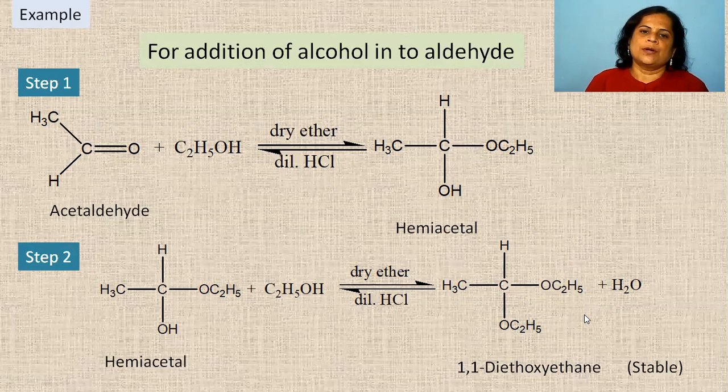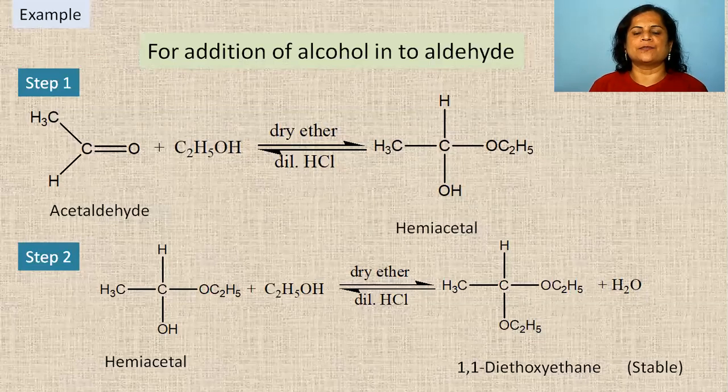So in the product we get the acetal, and its name is 1,1-diethoxyethane. It means two ethoxy groups on one carbon atom, and therefore 1,1-diethoxyethane is the product when acetaldehyde reacts with two molecules of ethyl alcohol.